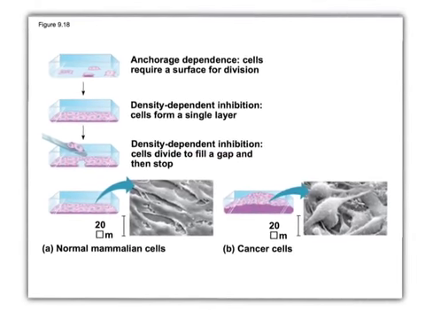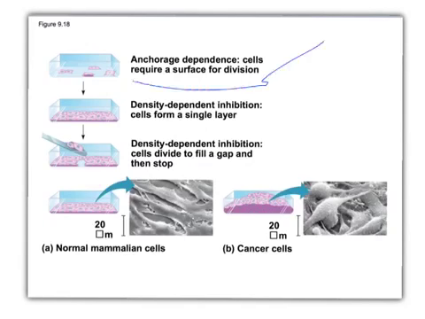Now, most eukaryotic cells have signals that will regulate their growth and stop them from growing too much. Okay? Most eukaryotic cells require contact. They're what's called anchorage dependent. All right? So what you see here, they require a surface for division.